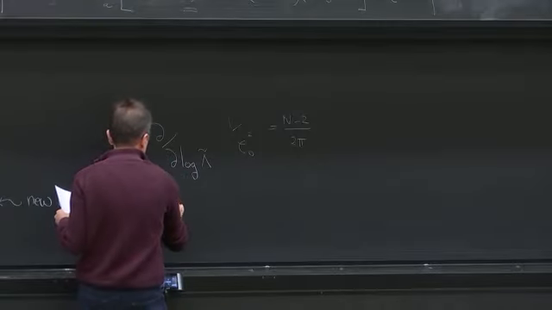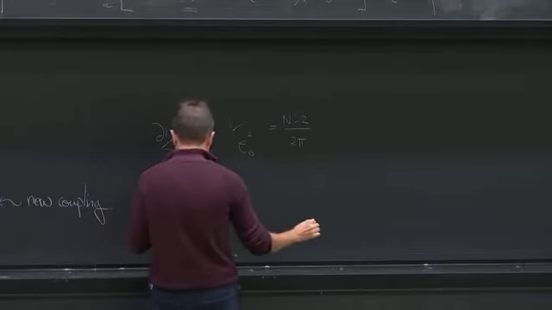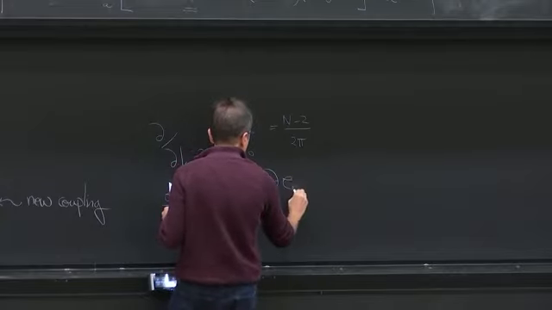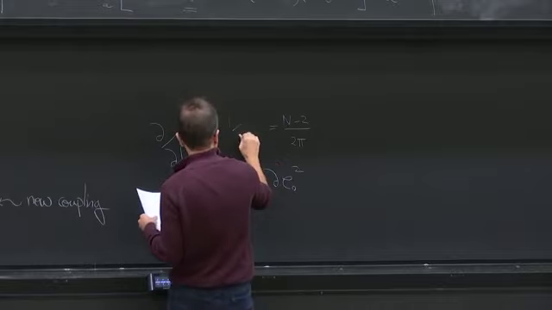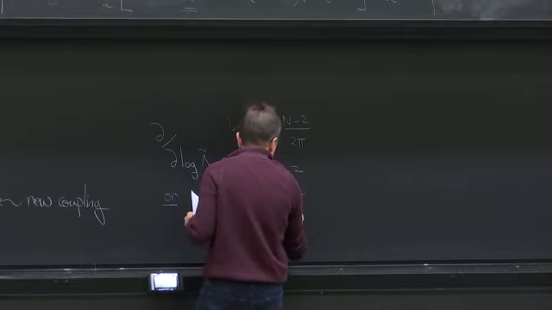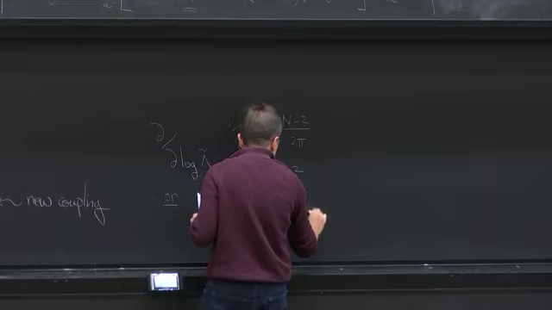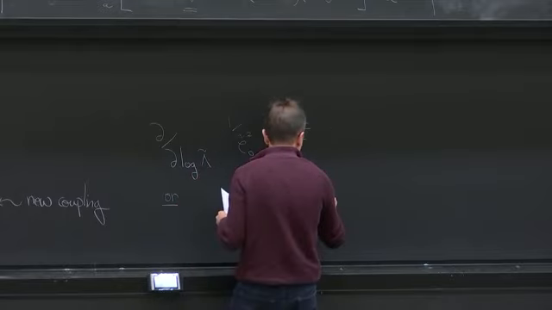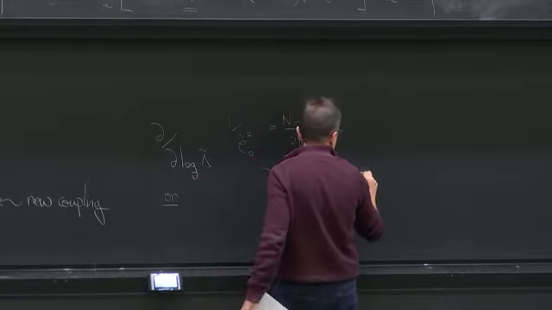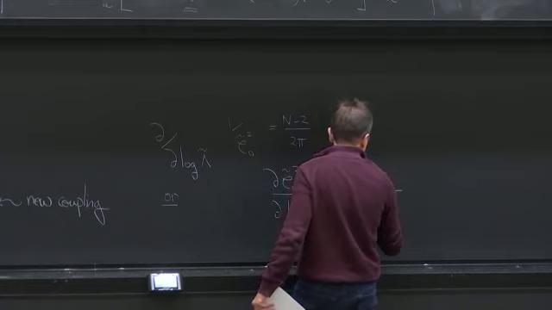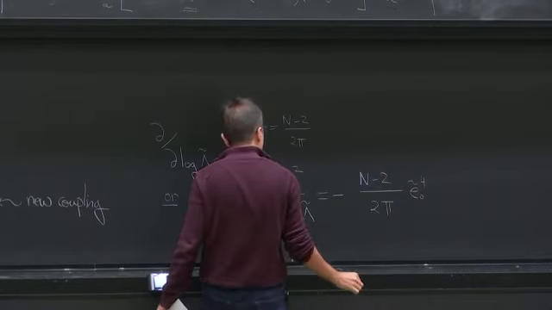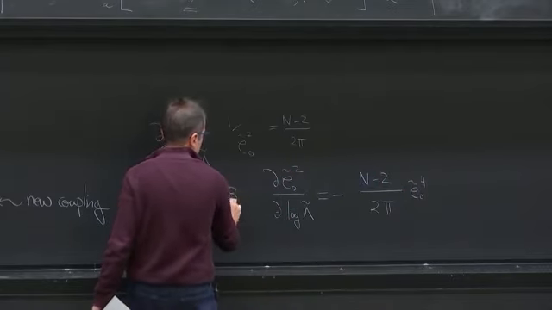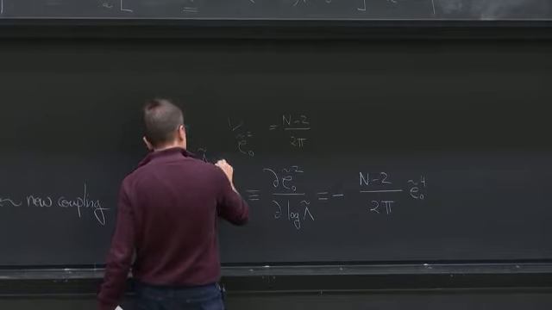Or, equivalently, that the derivative of the coupling E0 square with respect to the logarithm of the cutoff is equal to minus n minus 2 over 2 pi times, in this case, the coupling to the 4. And this is what is called the beta function of the theory.